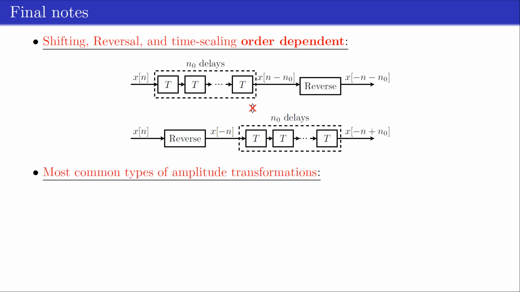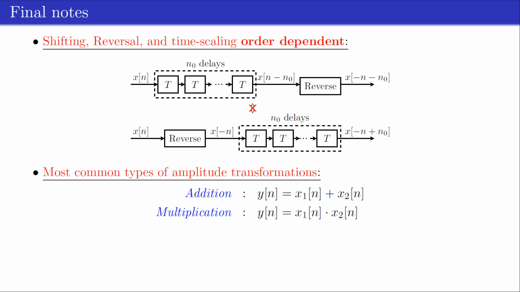The most common types of amplitude transformations are addition, multiplication, and scaling. Performing these operations is straightforward and involves only pointwise operations on the signal.